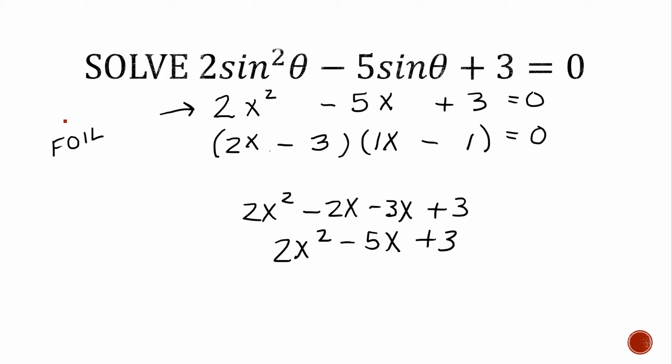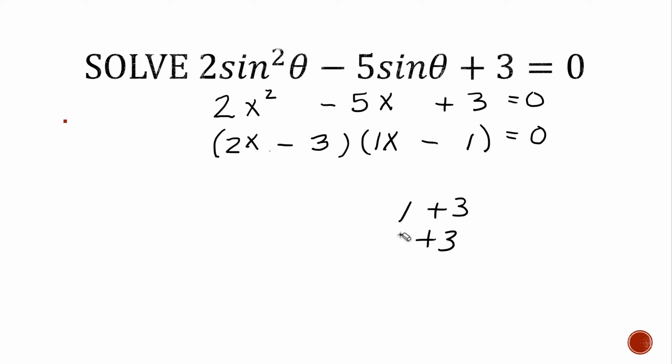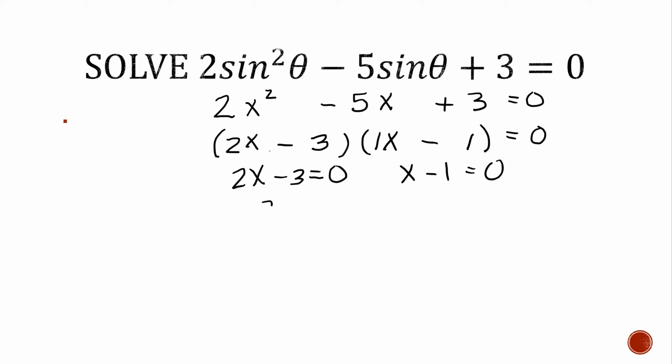All right, so still kind of thinking about the algebra. Once I get this thing factored, remember that you're setting each term equal to 0, and then you are solving. So we would say 2x minus 3 is equal to 0. x minus 1 is equal to 0. We would solve each linear equation, and we would be done with our two solutions.